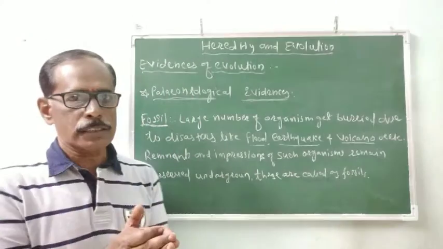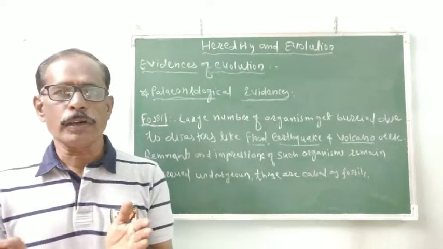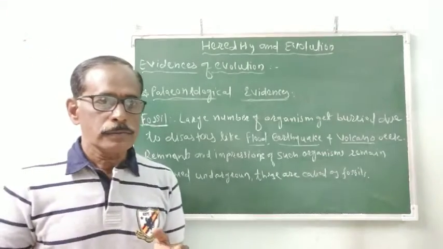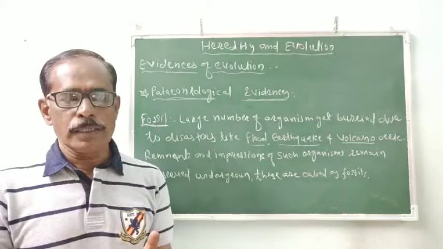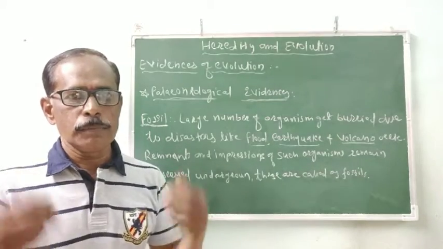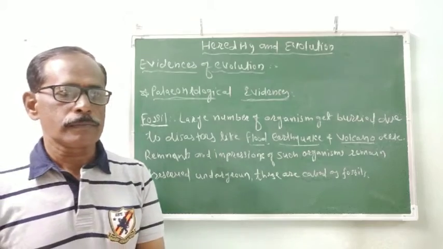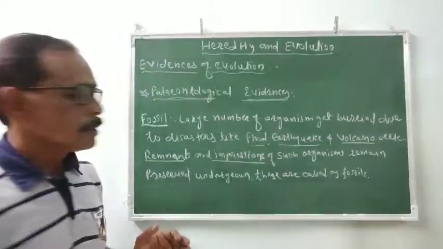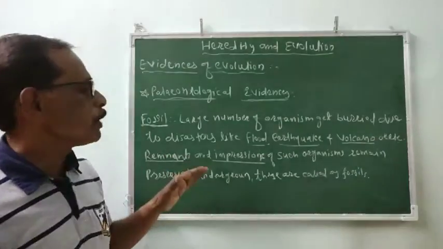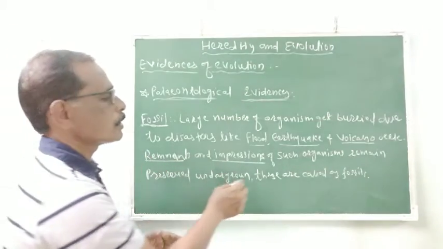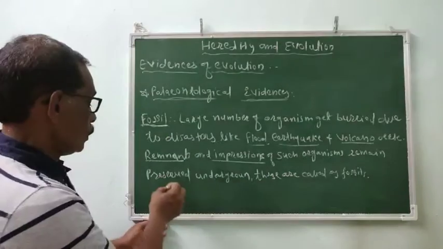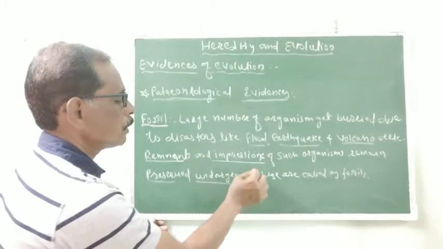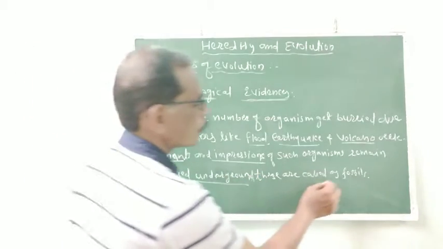Due to these disasters, a large number of living organisms get buried in the earth, and because they are buried, the body parts do not decompose, and they remain as remnants or impressions. Such remnants and impressions of organisms are preserved underground.